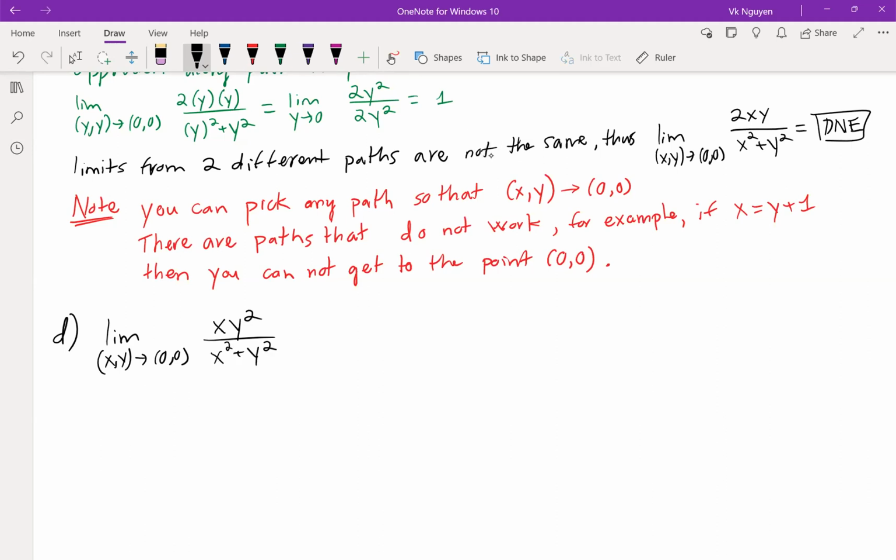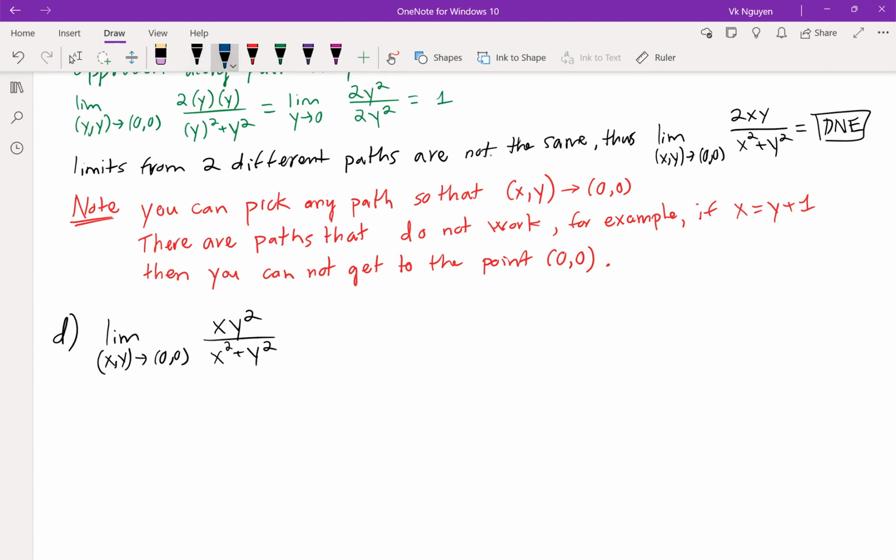Okay, for this one, the thing about this problem is that it doesn't matter what path you try, you're going to get 0.